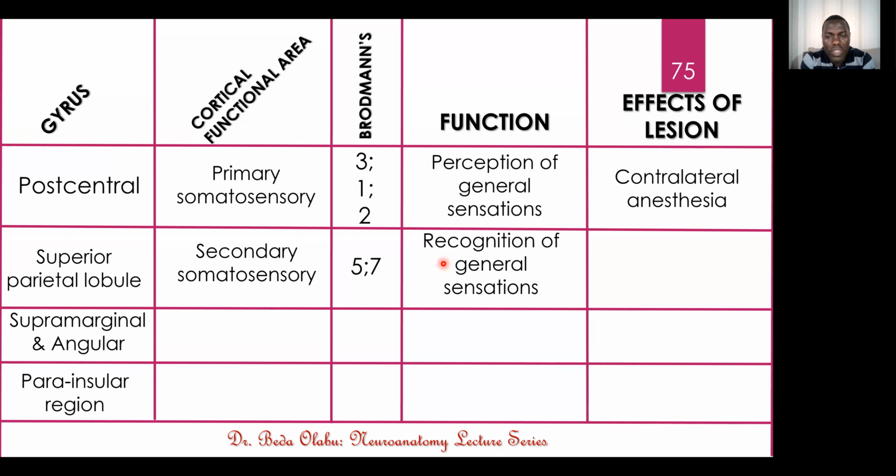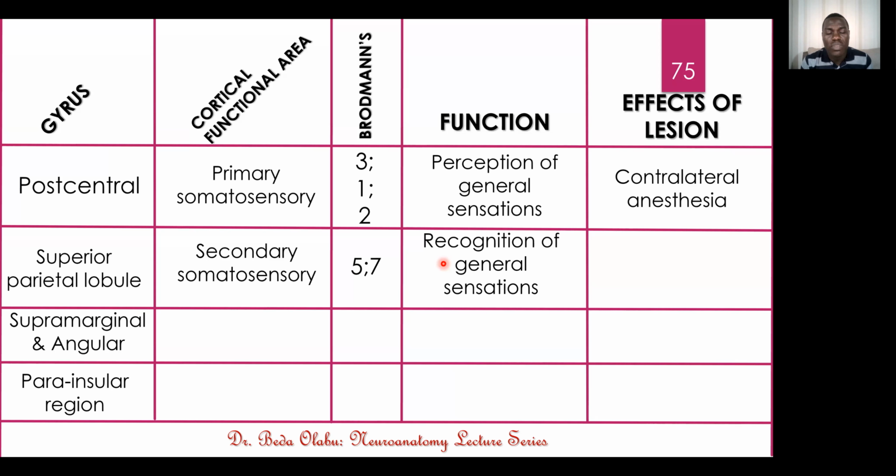To recognize means to identify. You can only identify what you already know. Therefore, for you to recognize, you need memory. If I touch a hard thing with my hand, let's say this one I'm showing you on the screen, my primary somatosensory area will tell me that I've touched a hard thing.